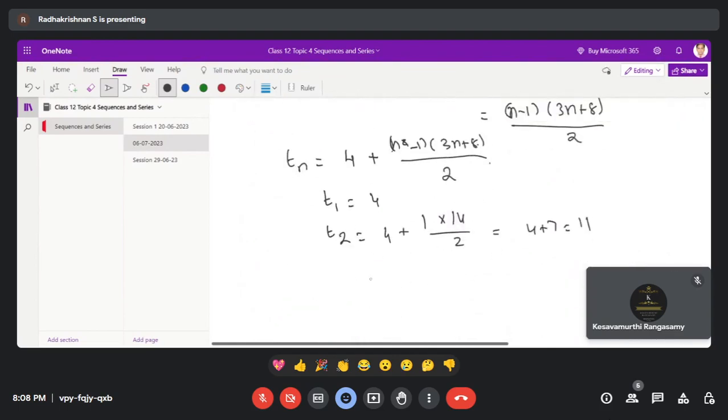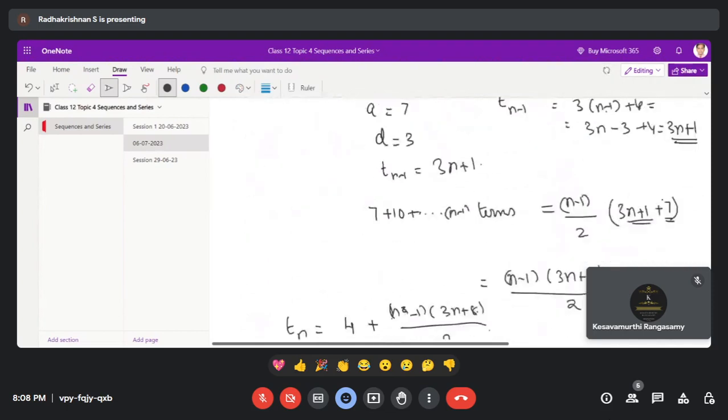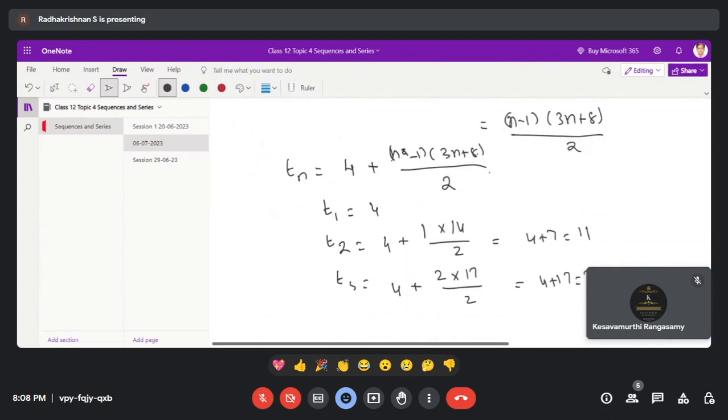So simply you put T3, 4 plus n minus 1, 9 plus 8, 17. So you substitute any value of n, it should match with that. Okay, so that is how we are determining the value of Tn in terms of n.